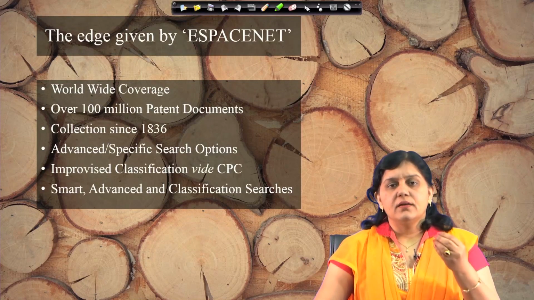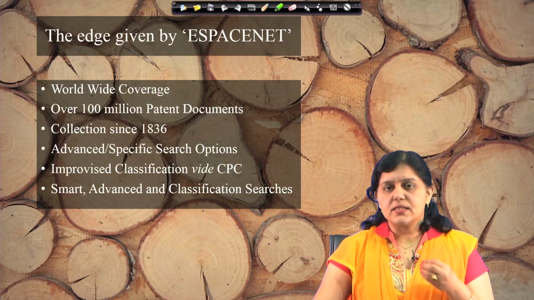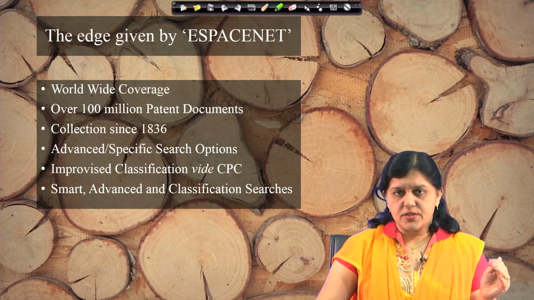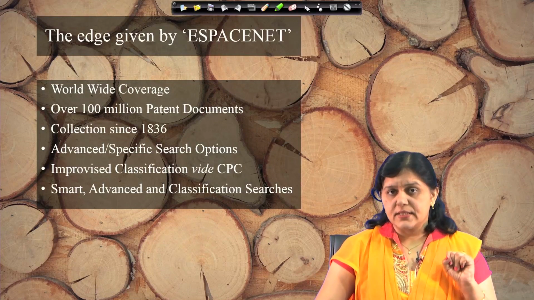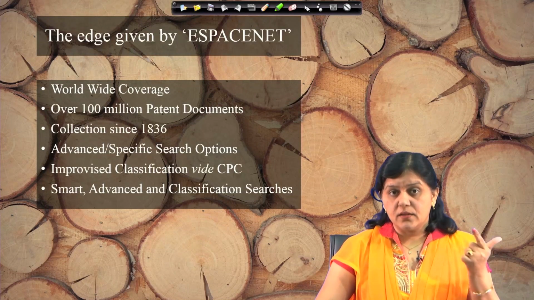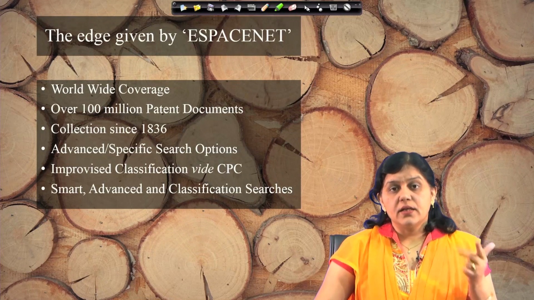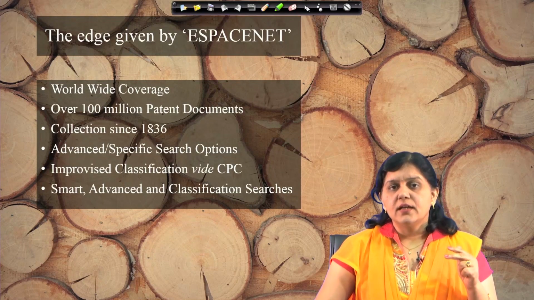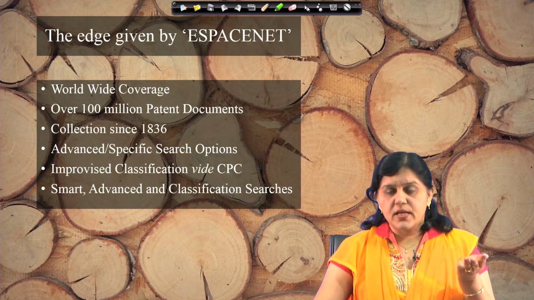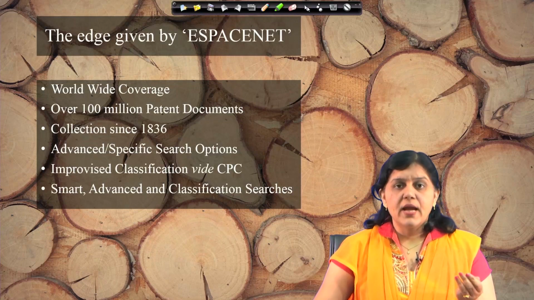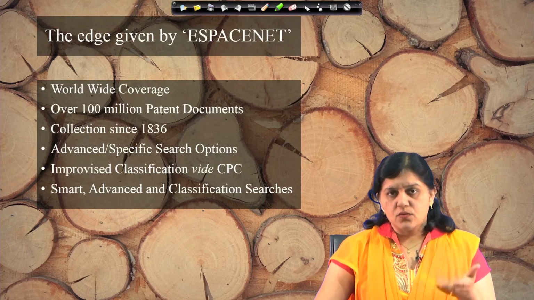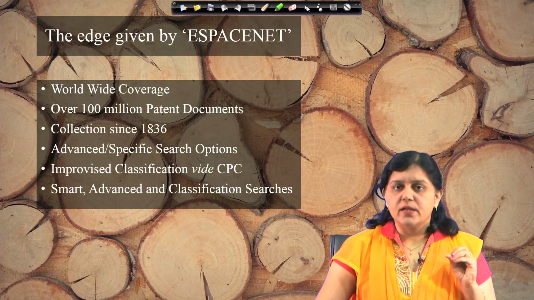Then there are smart, advanced and classification searches. So, you can see 3 levels: smart, advanced and classification searches. Because of these characteristics, that is, worldwide coverage, 100 million patent documents available, the collection since 1836, the advanced search options, availability of improved classification, that is CPC also, and the 3 kinds of searches like smart, advanced and classification, all these things are provided by eSpaceNet.